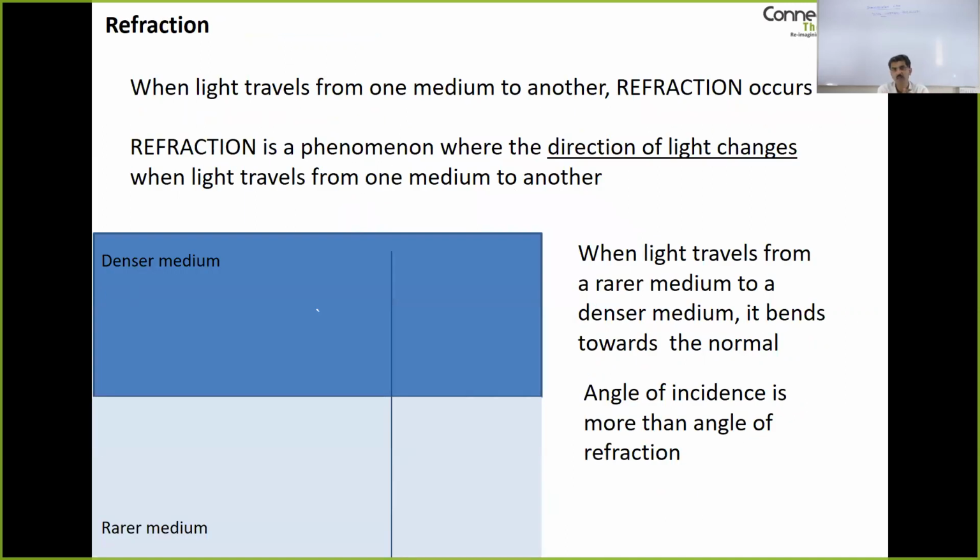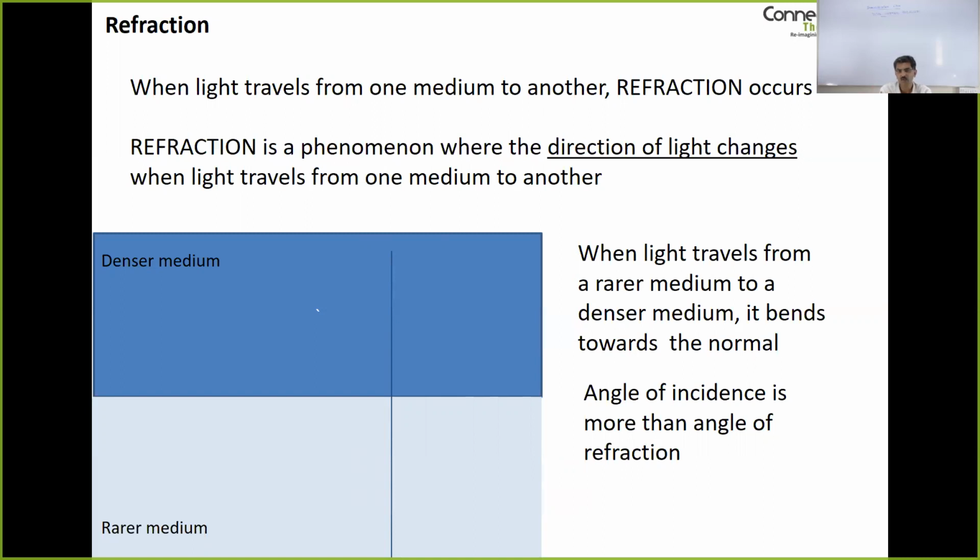Now, most students in high school are aware that when light travels from one medium to another, refraction occurs. Refraction essentially is the direction of the ray of light changes when light goes from a denser medium to a rarer medium, or from a rarer medium to a denser medium.